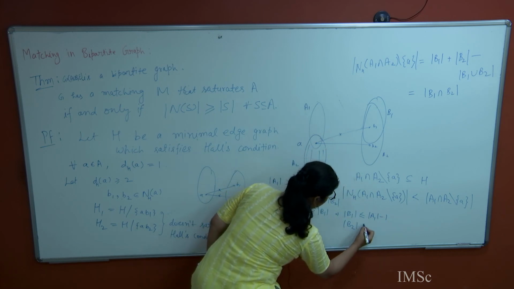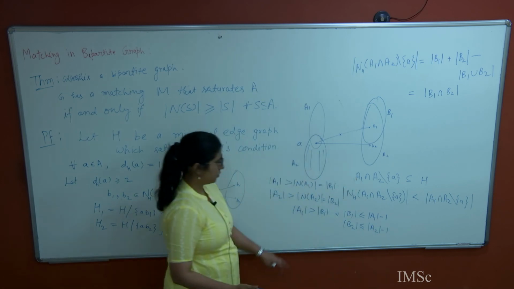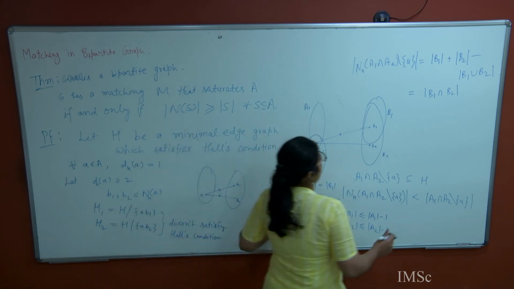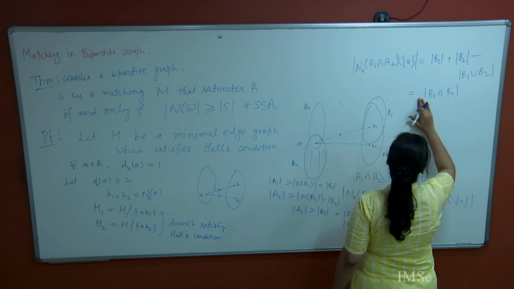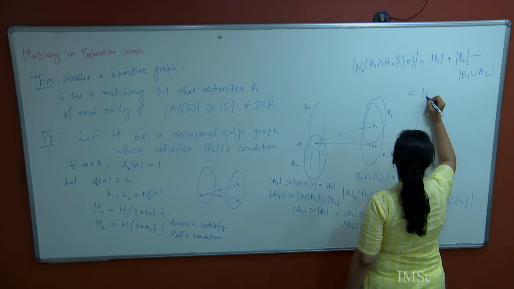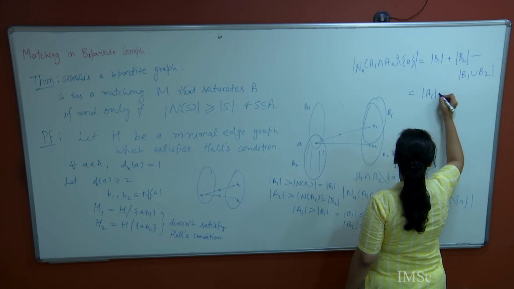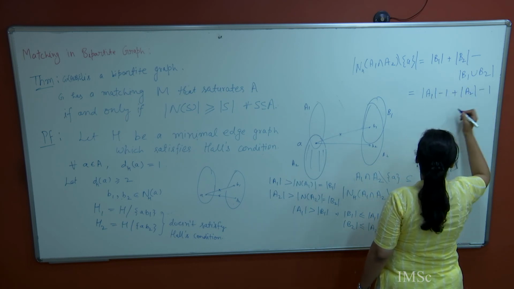Similarly, the cardinality of B2 is at most the cardinality of A2 minus 1.